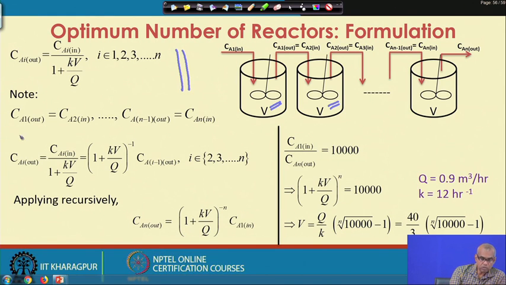So, Ca1 out equal to Ca2 in, Ca2 out equal to Ca3 in, up to Ca n minus 1 out equal to Can in.